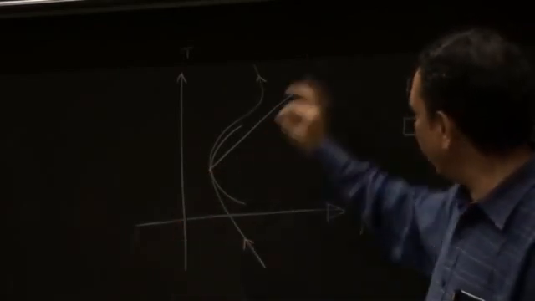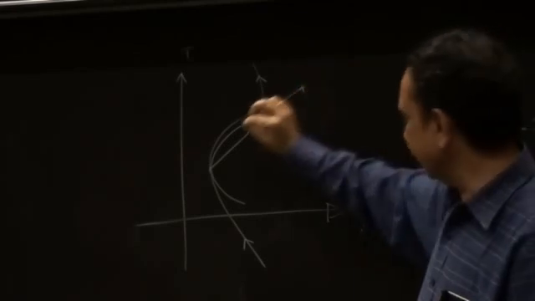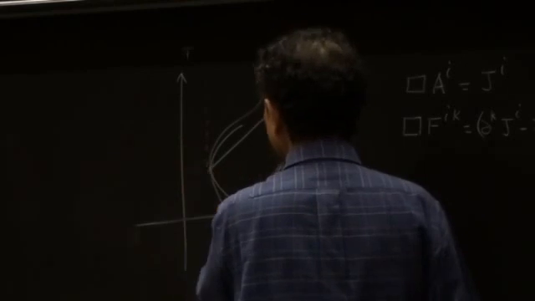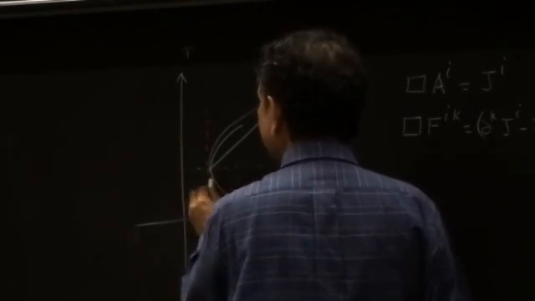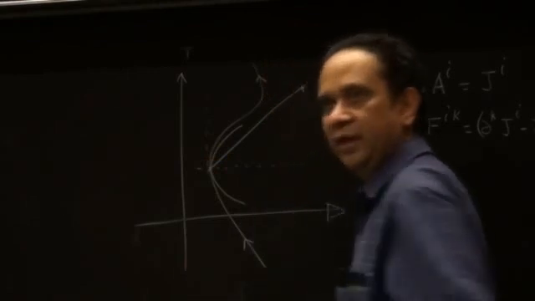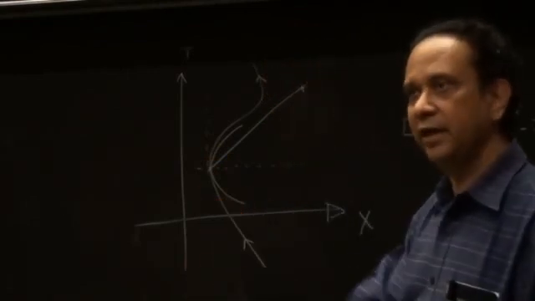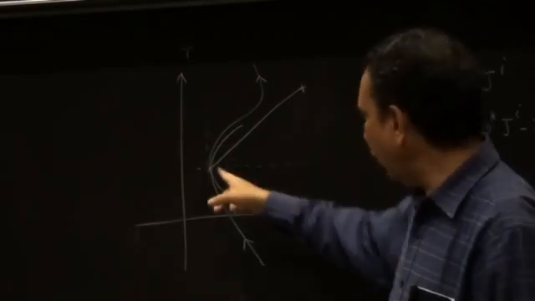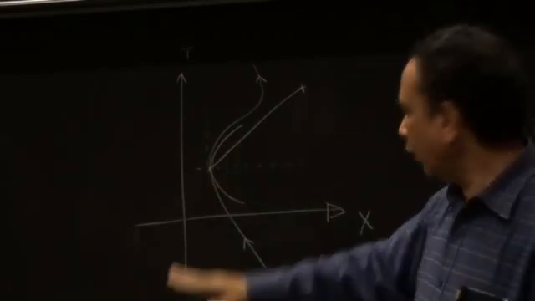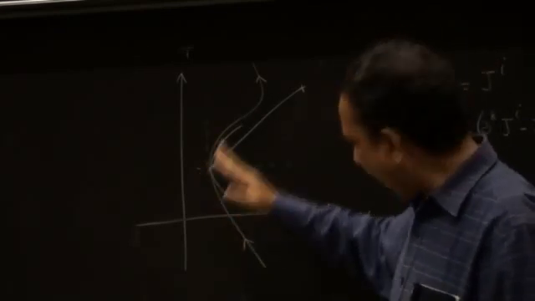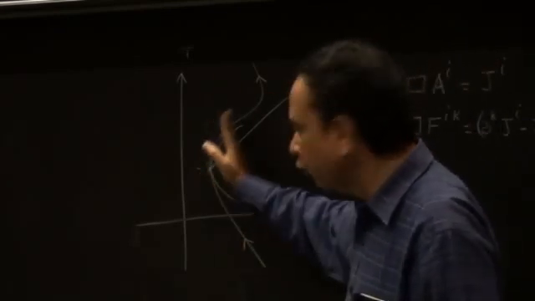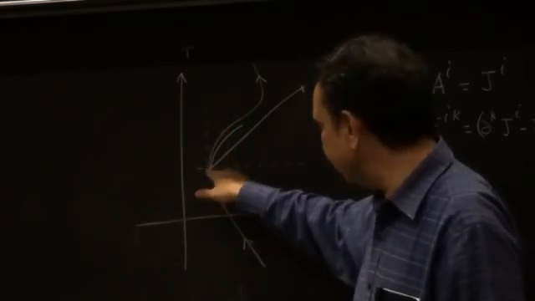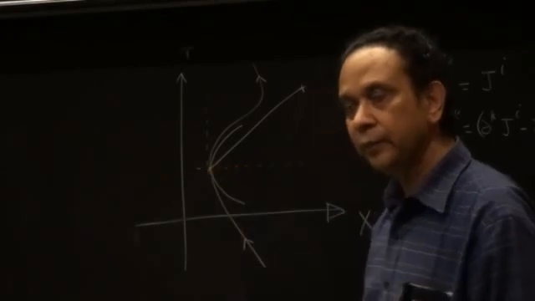I can always choose in such a way, once this has been given to me, that the field point is at the origin of my coordinate system. The source point is at the origin of my coordinate system and that its velocity is vertical. It is instantaneously at rest. This much I can do by translating the coordinate system and making a Lorentz transformation. Then all that remains is the acceleration. Now I add another charge, let us say, which is uniformly accelerating and its acceleration, position and velocity match the charge I am interested in.